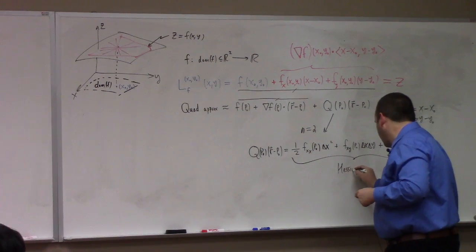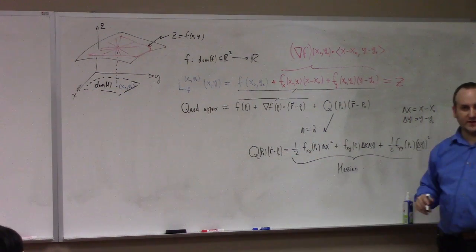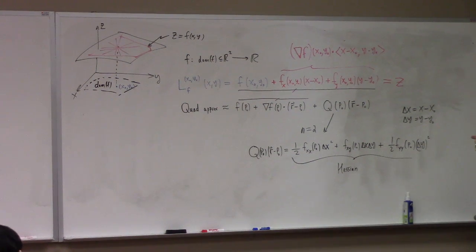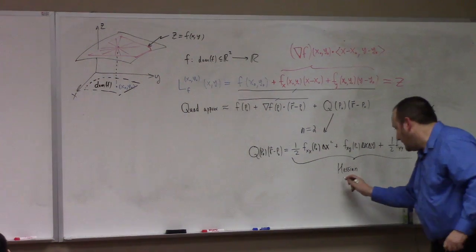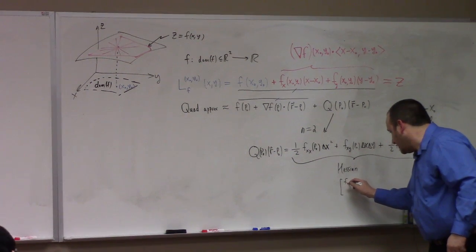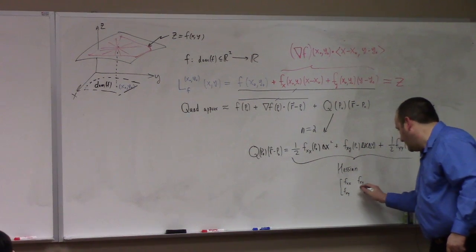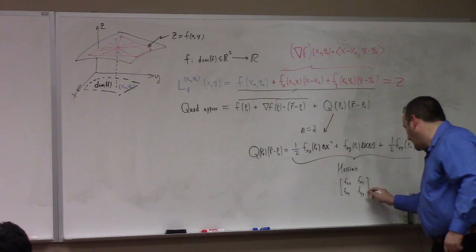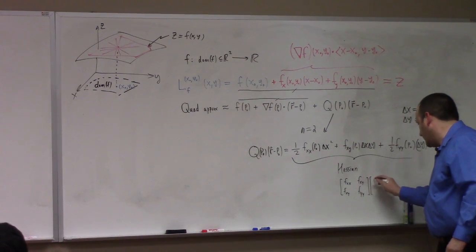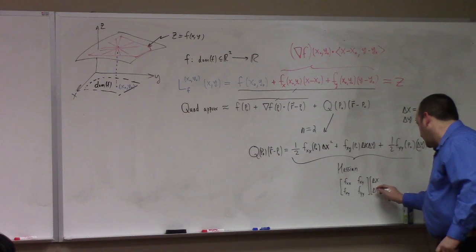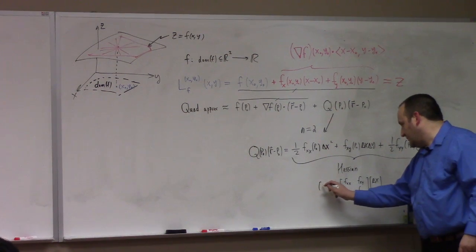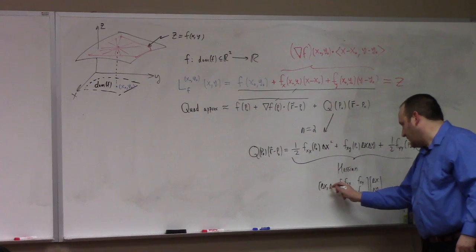This will be interesting. We'll come back to this later in the course. That's why I'm telling you now, just to get it out there. Later we'll study how to rip apart the Hessian using eigenvectors. We can write this as a matrix, in fact. You can write it as fxx, fxy, fxy, fyy, and on one side multiply by delta x, delta y as a column, and on the other side by delta x, delta y as a row.